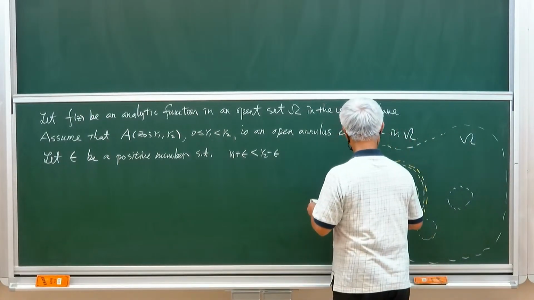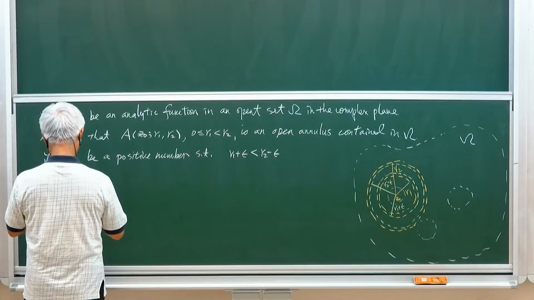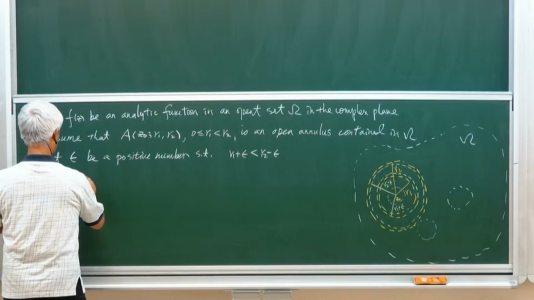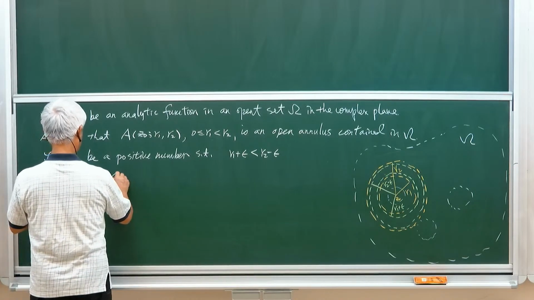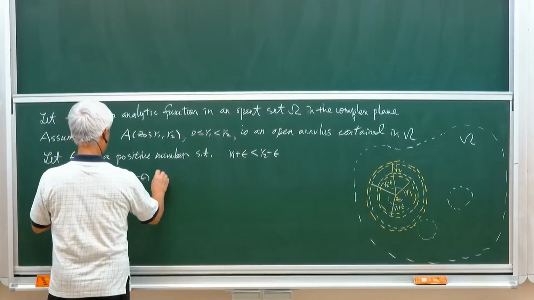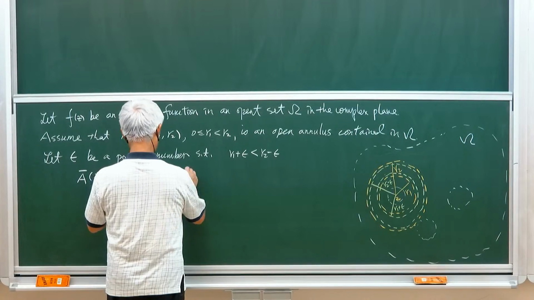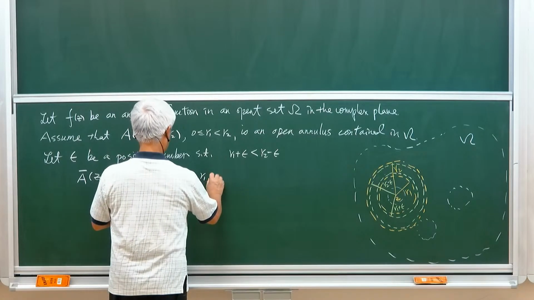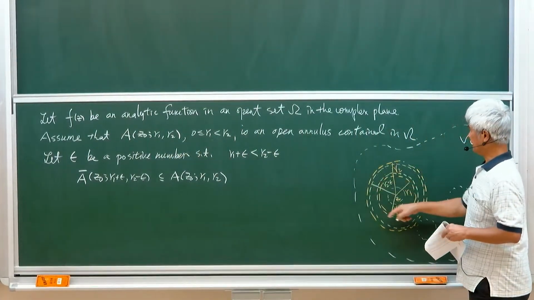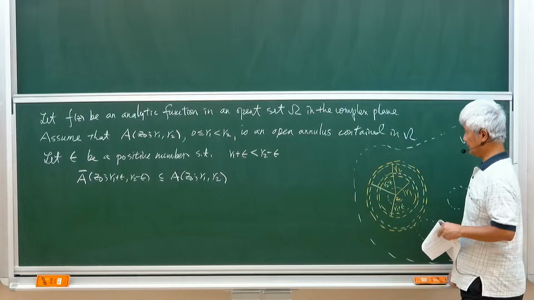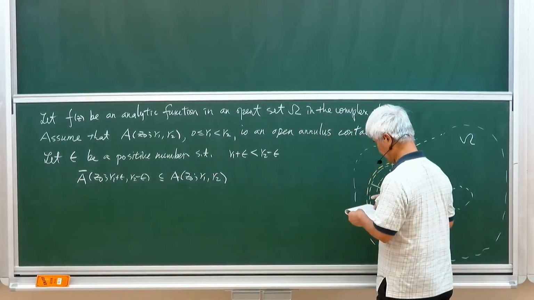Now, we see that the closed annulus R1 plus epsilon, R2 minus epsilon, is contained in the open annulus. Even if we include the boundary of the green open annulus, it is still contained in the yellow open annulus.